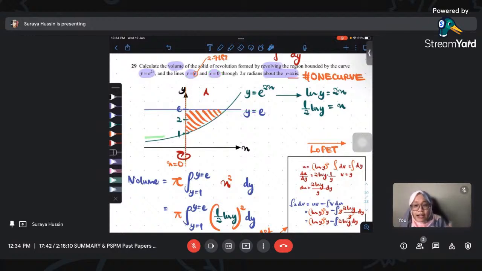So basically, if you look carefully, the region is definitely enclosed. You have a graph, a curve, a line, and also x equals to 0. If everything is enclosed, definitely this is our region. That's why you must make sure of that first. On the graph we must make sure the area of the region is accurate.